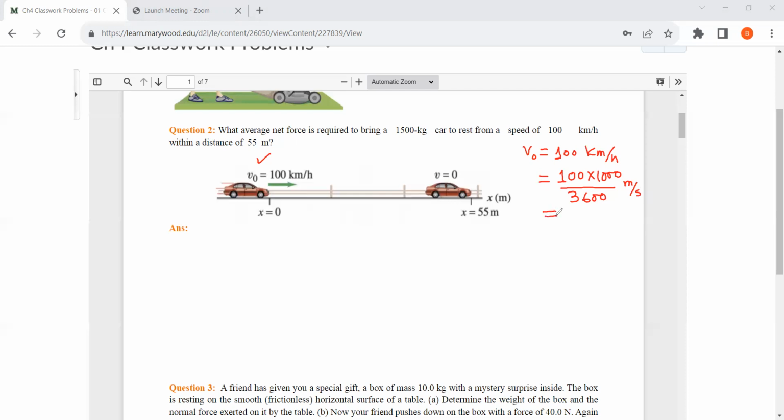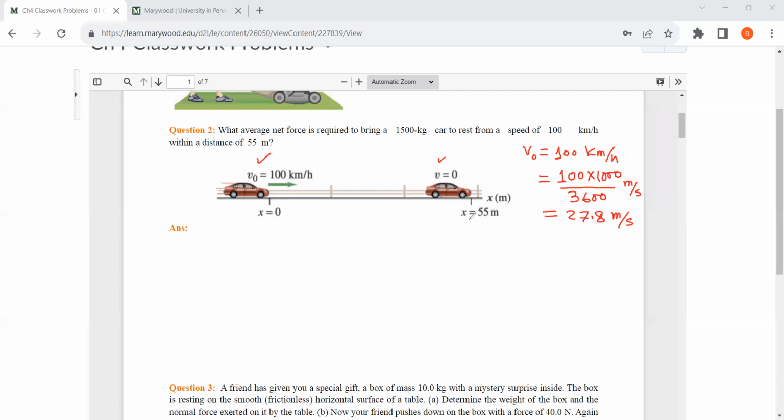So we have 27.8 meter per second. The initial velocity is this, final velocity is 0, x0 is 0, x equals 55 meter.